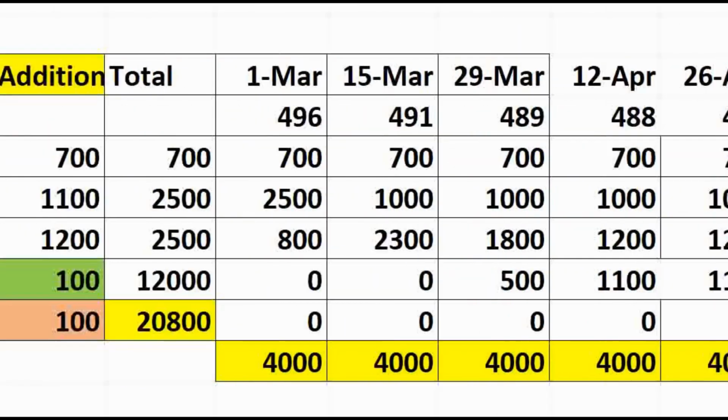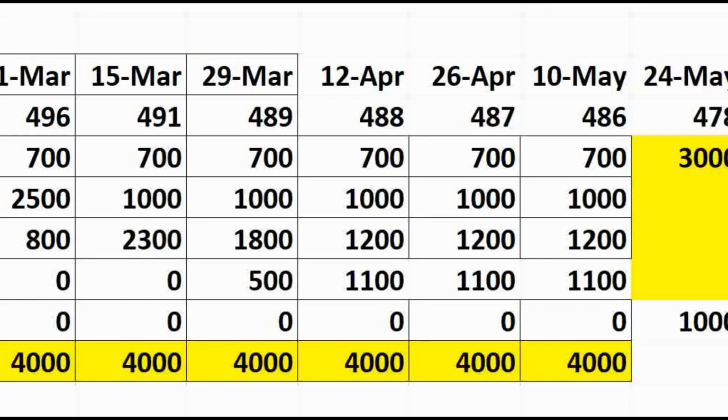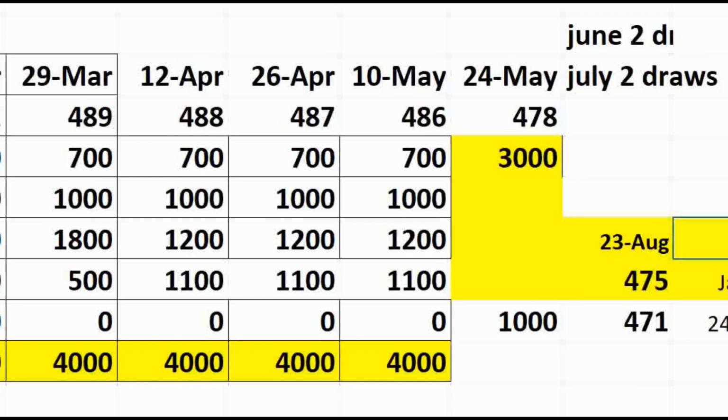After this, the next slab will start, that is 471 to 480. Now if this starts, we are having 21,000 candidates as on 1st of March. There may be some additions also in this slab. So we are assuming that around 22,000 candidates are there in total in this slab in August.